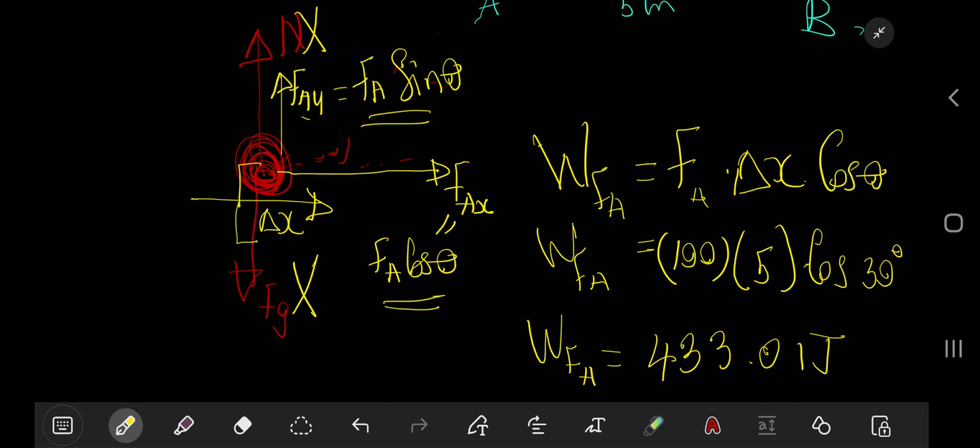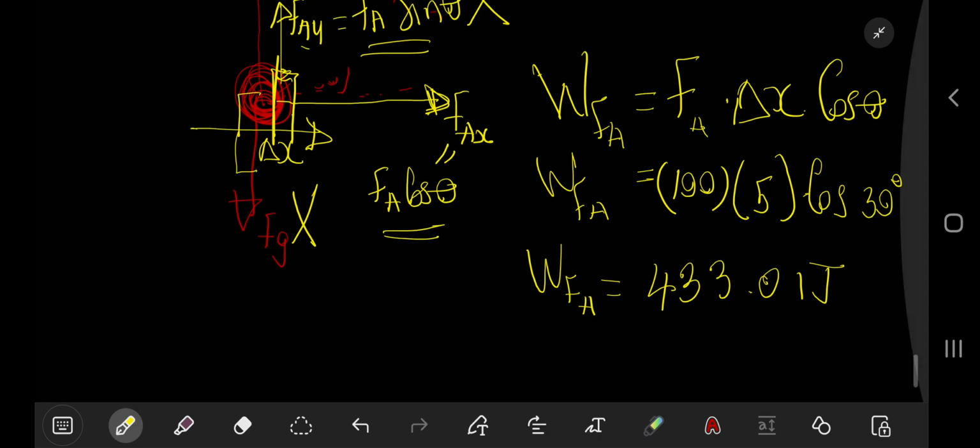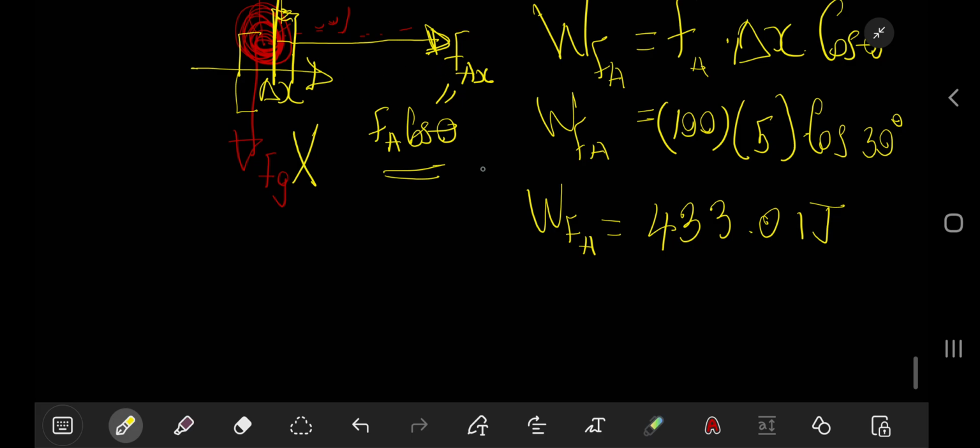So in this case we have two components of the applied force. One component does work and the other component does not do work. The direction of the y component is perpendicular to the direction of the displacement, so it does not do work, and it's in the same direction as the normal force. But your horizontal component does work.